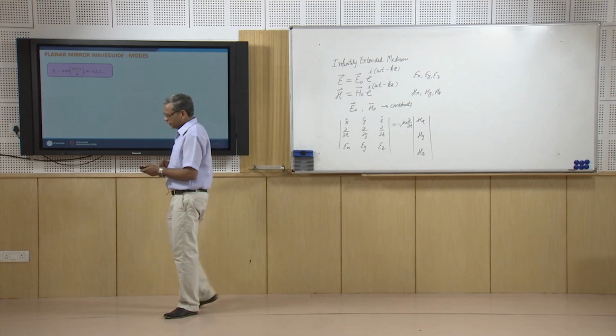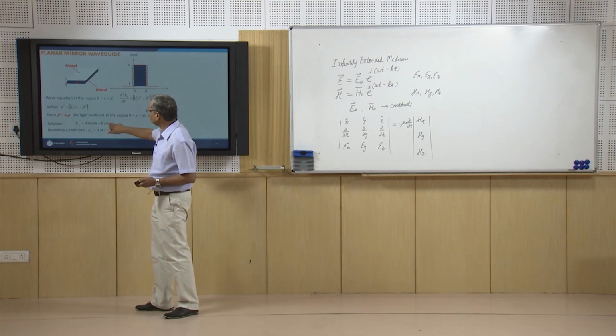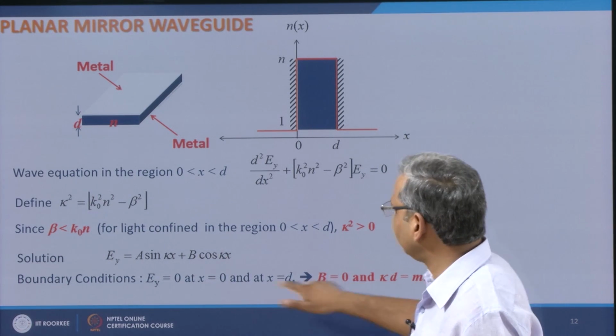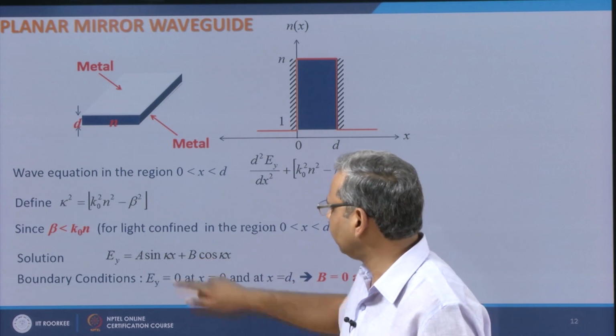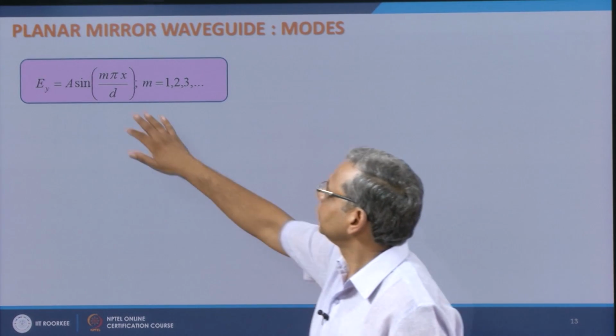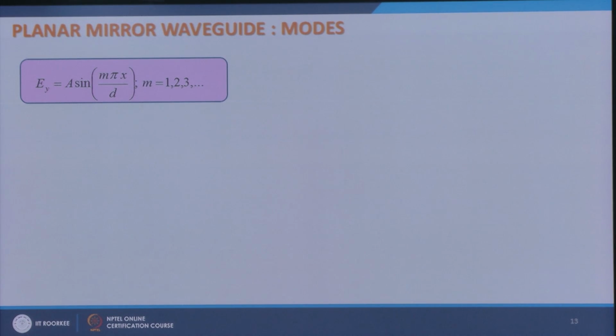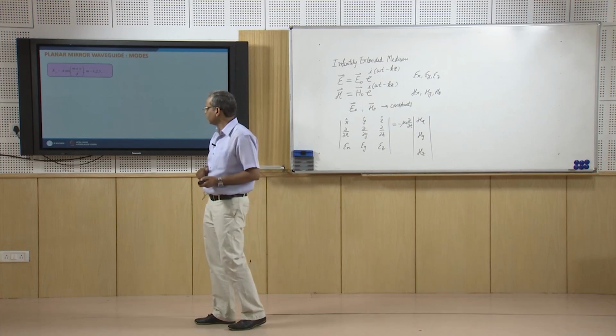So, since b is equal to 0, this term goes off and kappa is equal to m pi over d. So, I put kappa is equal to m pi over d. So, my solution now becomes Ey is equal to a sin m pi x over d, where m can take integer values. Okay.